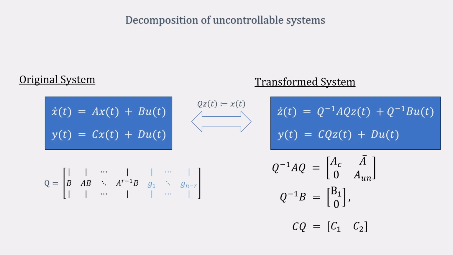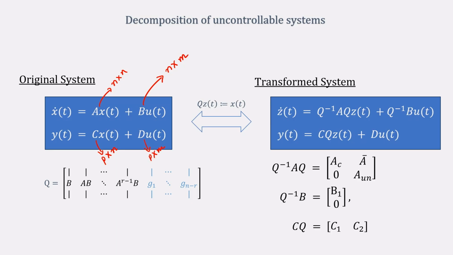Till now I have been talking about SISO systems, and in SISO systems this is how we have been solving the entire problem. Now, when we talk about a MIMO system, B becomes an N cross M matrix, A remains N cross N, C becomes a P cross N matrix, and D becomes a P cross M matrix.